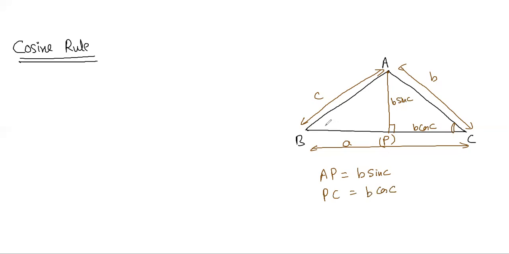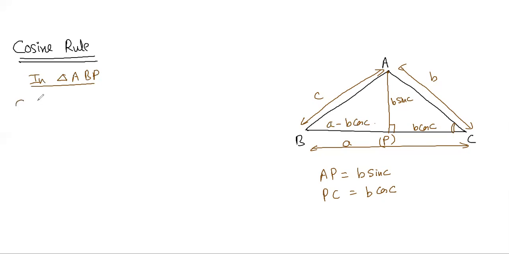BP will be a minus b cos of C. Now in triangle ABP, so ABP is a right angle triangle.